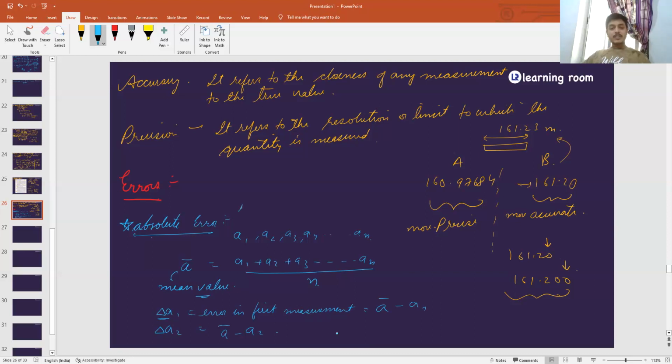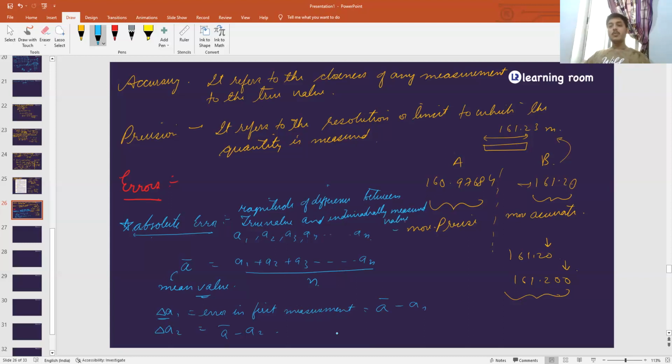What is absolute error? Magnitude of difference between true value and individually measured value.